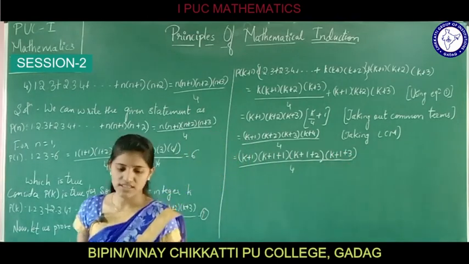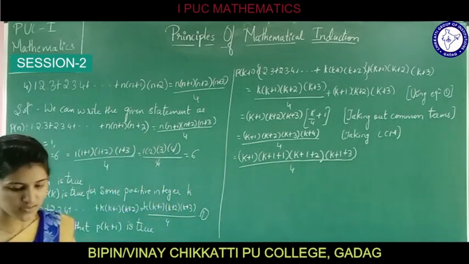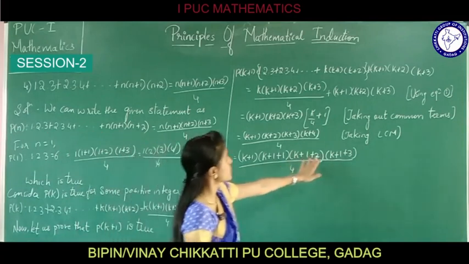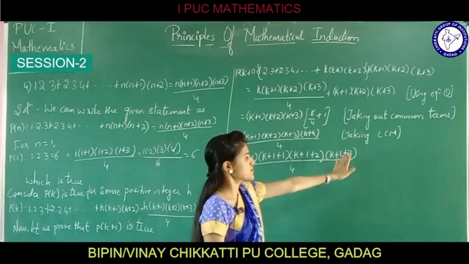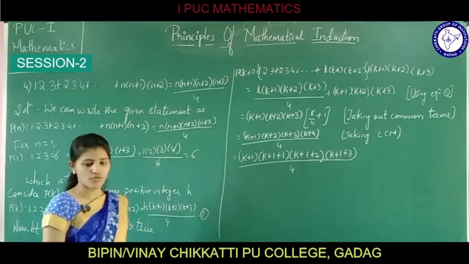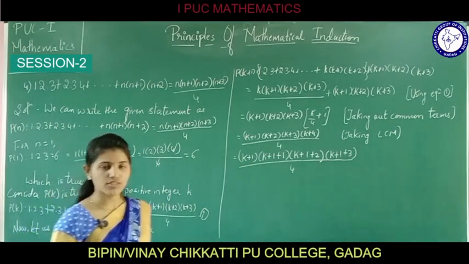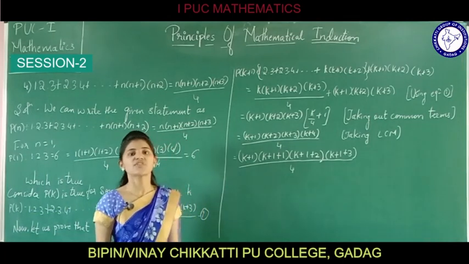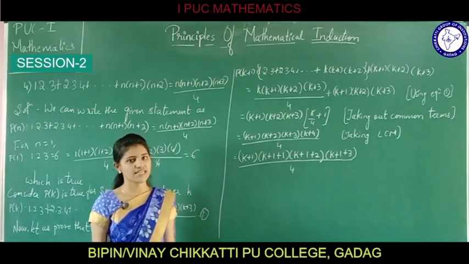So we got it in the form of k plus 1, k plus 1 plus 1, k plus 1 plus 2, k plus 1 plus 3 divided by 4. If so, what have we proved? We proved that P of k plus 1 is true whenever P of k is true.